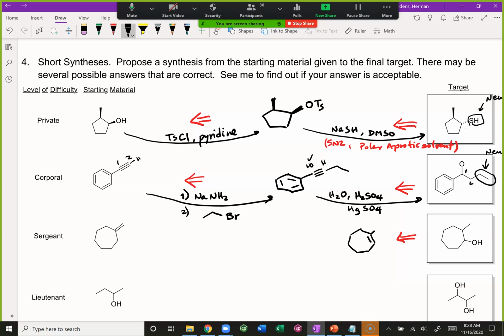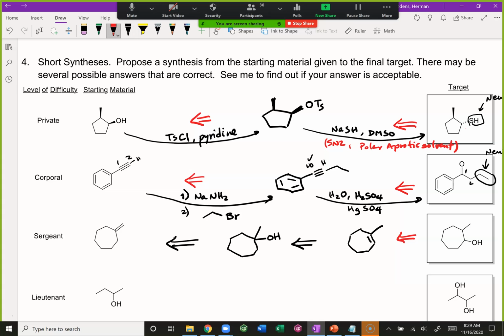I'll have a double bond here and a methyl group there. Going towards the left. Now I envision that I can make that alkene from an alcohol that is here, right? Doesn't matter if it's up or down at this point, we're gonna get rid of it. So racemic works. And then this is easy. That takes me to starting material.